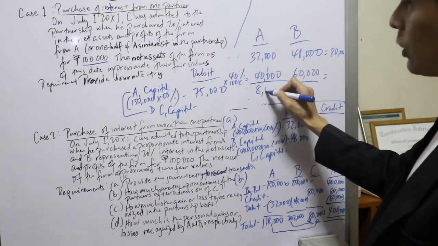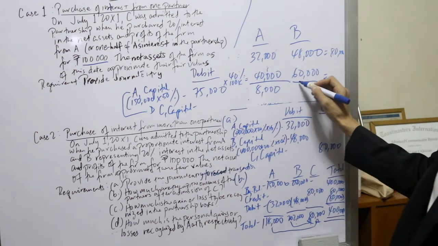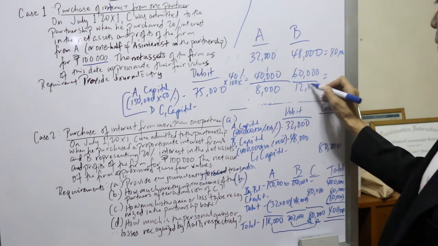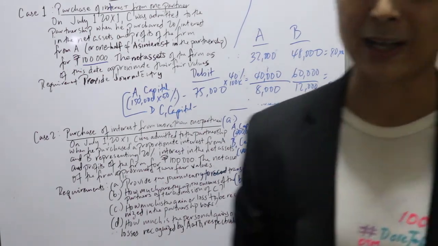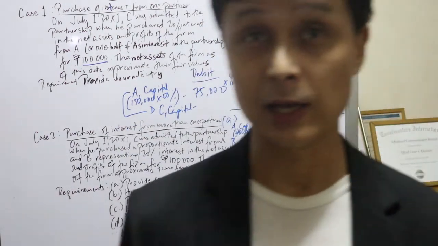So kumita si A dito ng 8,000, ito naman si B kumita ng 12,000 for a total of 20. Ayun yung diferensya ng 80 sa 100. So naibigay niya kay A yung 8,000, and then kay B naibigay niya yung 12,000. So ito yung kinita nila.